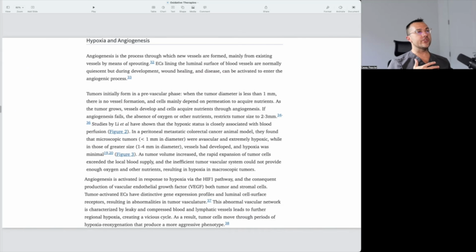And then there's not enough distance between the cells that need nutrients and oxygen. That diffusion difference, or the distance between the vessel itself and the tumor tissue, is too far for oxygen to diffuse over there. So they're limited by the ability to obtain nutrients that way.